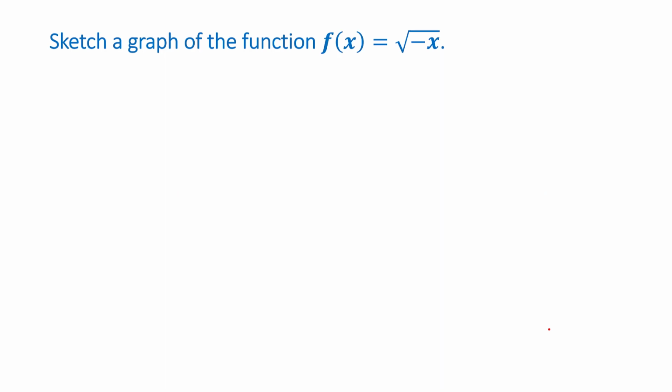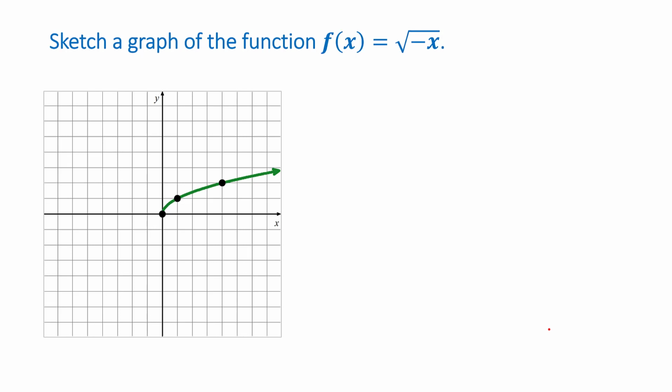Here we're going to graph f of x equals square root of negative x. Again, we'll start with y equals square root x. But the negative being inside the square root sign is going to affect the x values of the graph, or it's going to affect the graph horizontally rather than vertically.